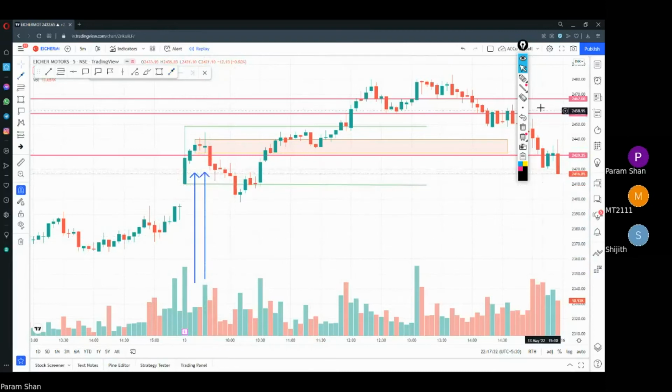Okay. So in real time, what has happened here? You might have entered here because the price broke up. See, because the volume is also high and the price has broken up, you might have entered thinking that it will go up because you have a volume confirmation, right? But actually it did not go. Okay. And what happened? It reversed eventually.